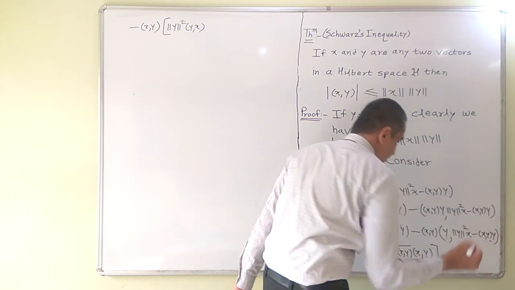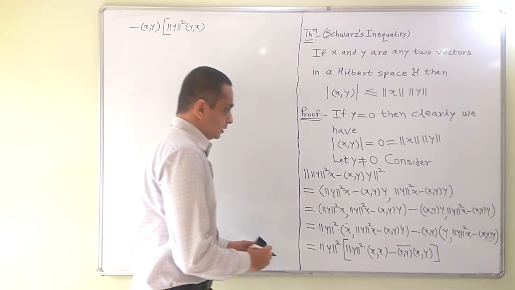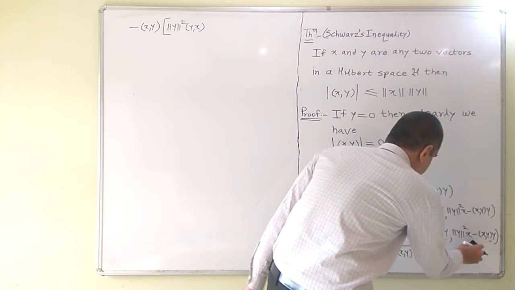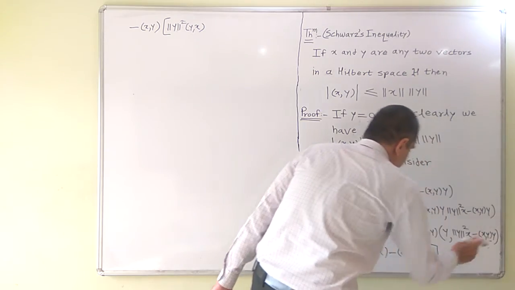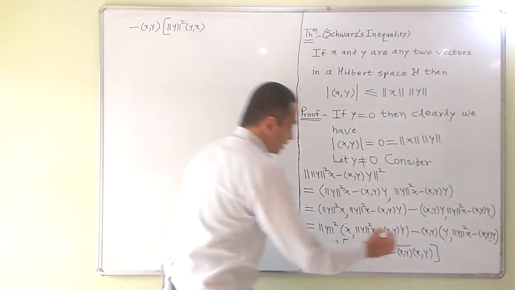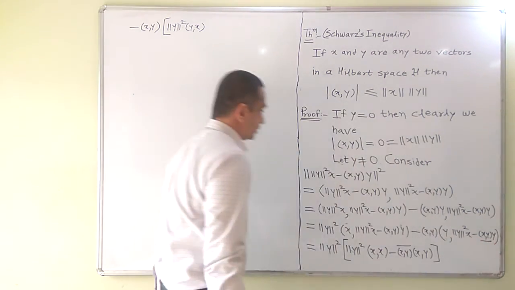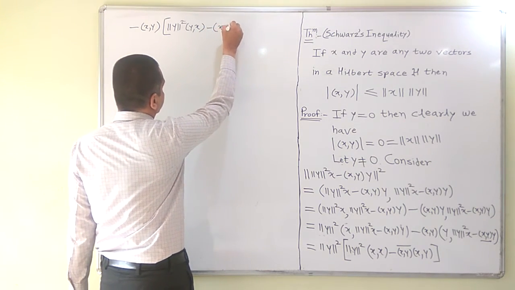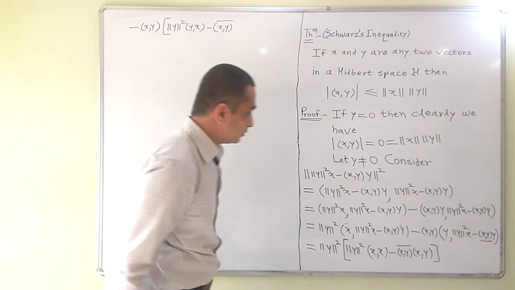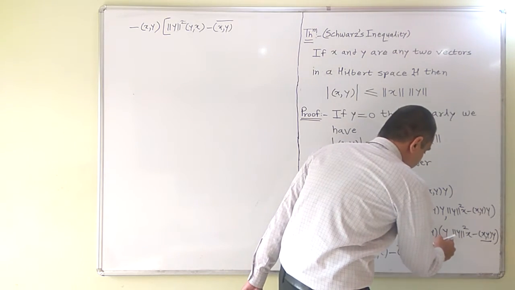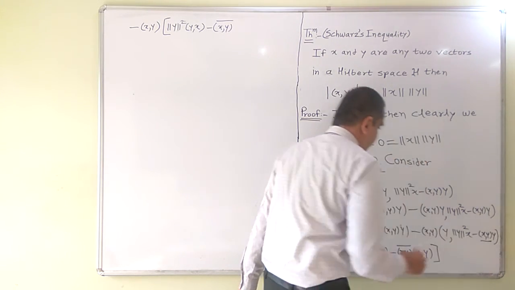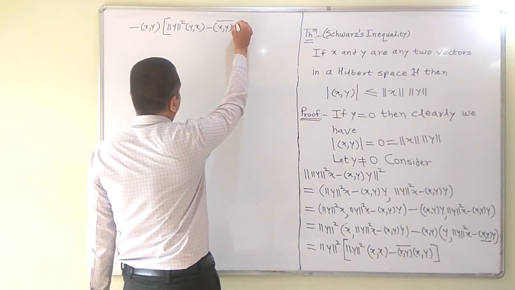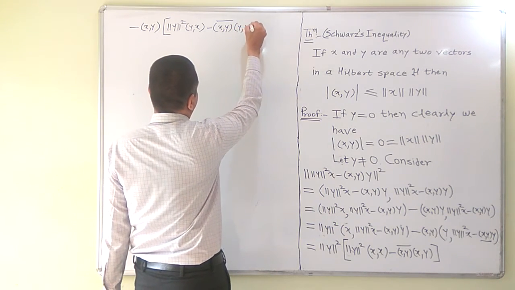Now for the second term, this is conjugate. So conjugate of this scalar xy. So minus conjugate of xy, and what we are left with is this y and y. So inner product of y and y.